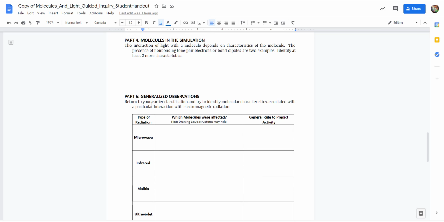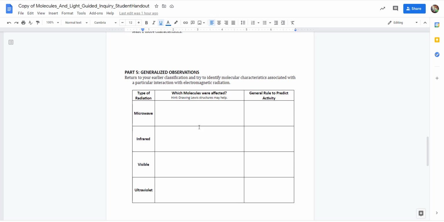And then sort of building on that, in this table, write down which molecules were affected by microwave, which were affected by infrared, and so on, and then see if you can come up with a general rule that might be used to predict how another molecule would interact.